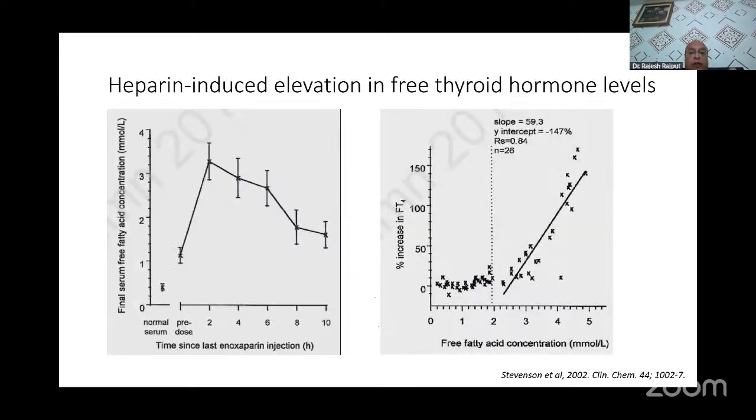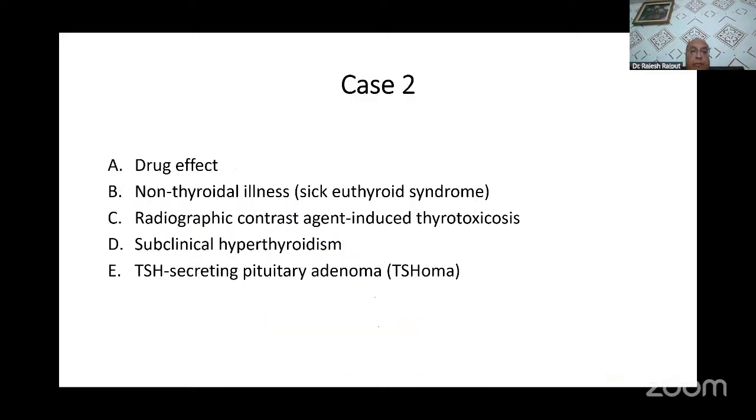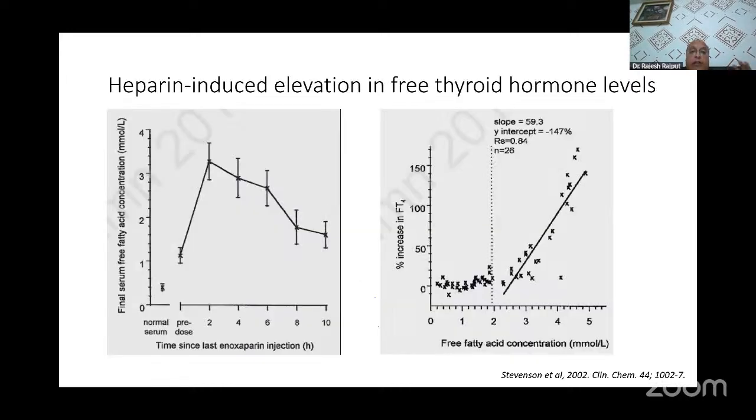This is your TFT. So moving from this, remember, as I have told you, drugs are a very important cause for altering thyroid function tests. Now, heparin is a drug which is commonly used in hospital whenever patients develop various types of medical illness.